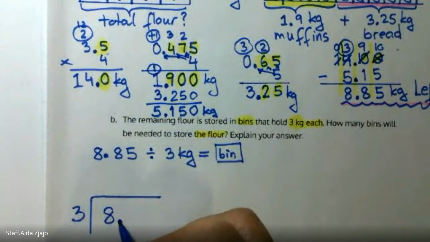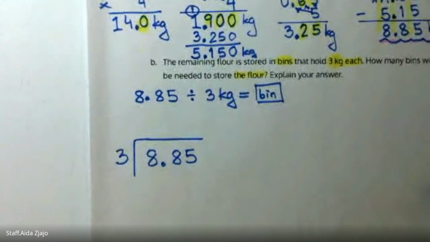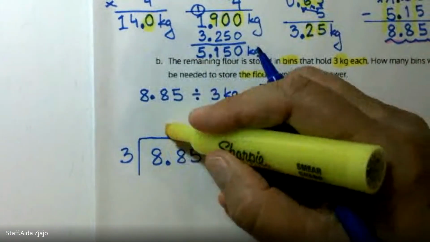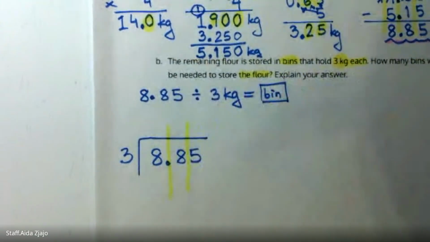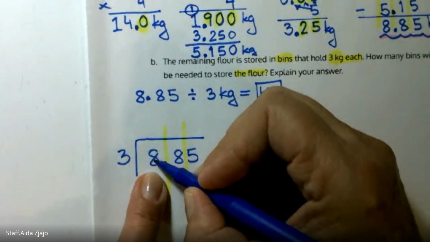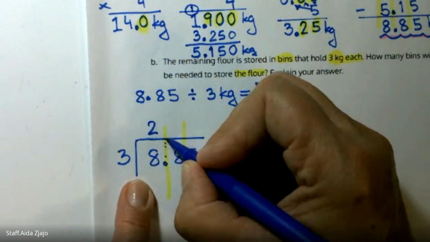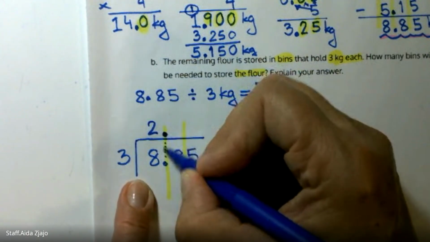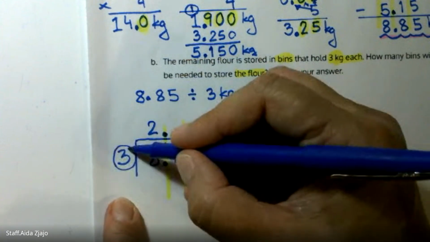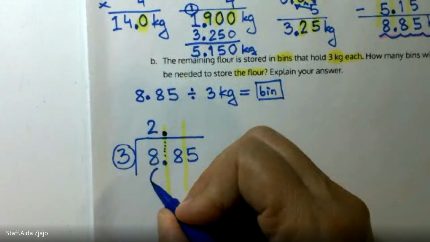8 and 85 hundredths. Okay, so if we say how many 3's are in 8, we can say 3 plus 3 is 6, plus 3 is 9, so only 2 times. So the decimal is going to stay right above because this is a whole group. 2 times 3 is 6.